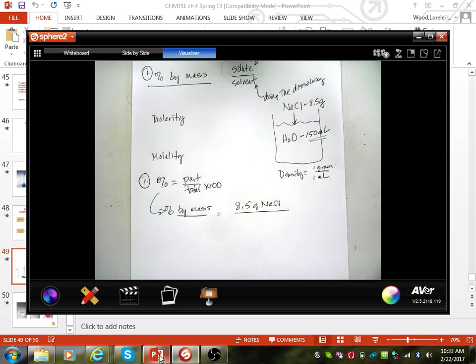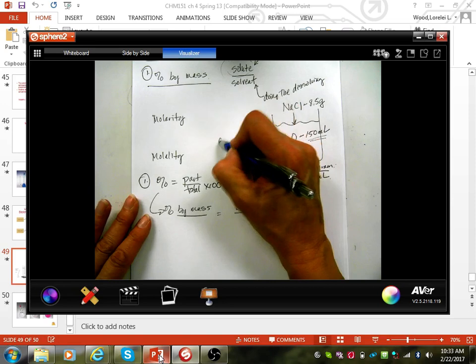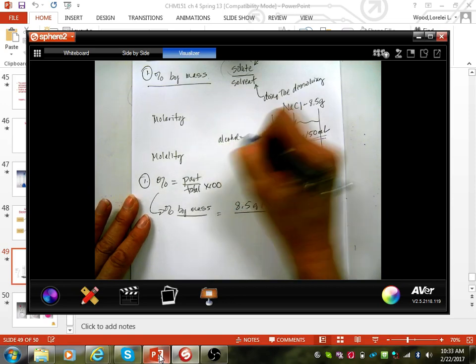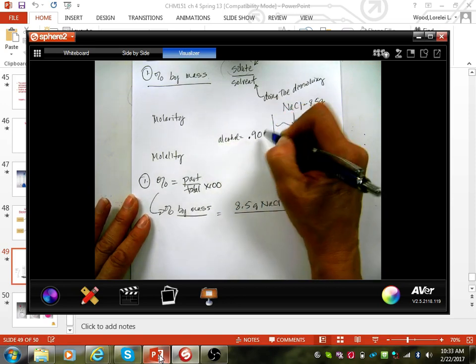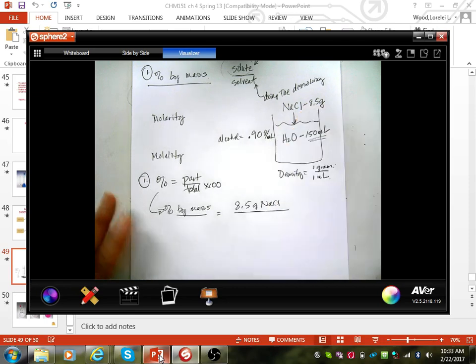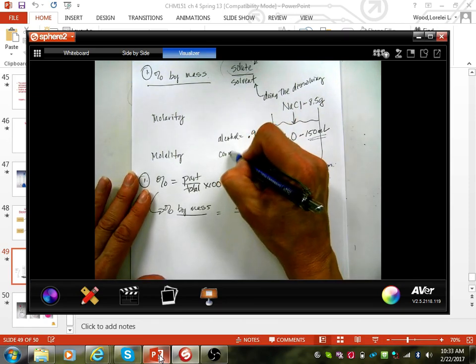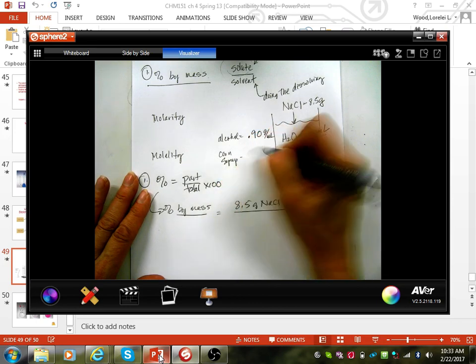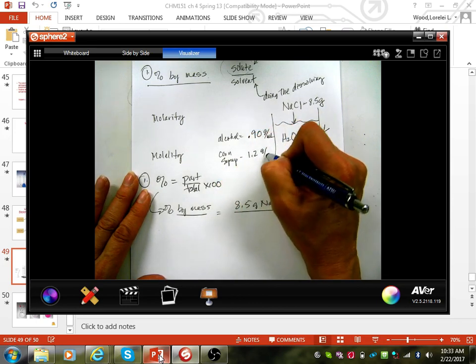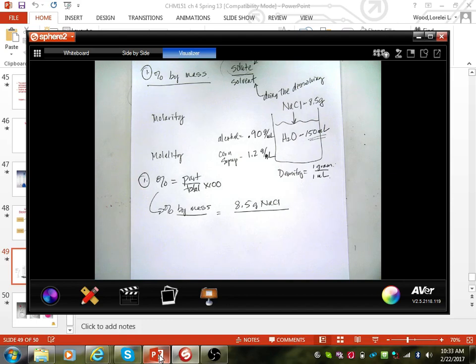Now, that's not always true of all liquids. For example, most alcohol has a density of about 0.9 or 0.8 grams per mil. So it's much less than 1 gram per mil. Something like corn syrup has a density of about 1.2 grams per mil, right? So those density values you can use to make conversions. In this case, water's density is pretty handy. It's 1 gram per mil.